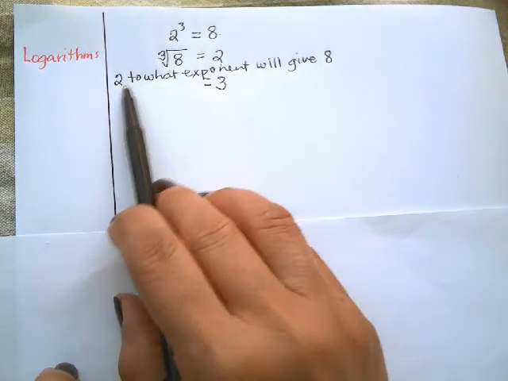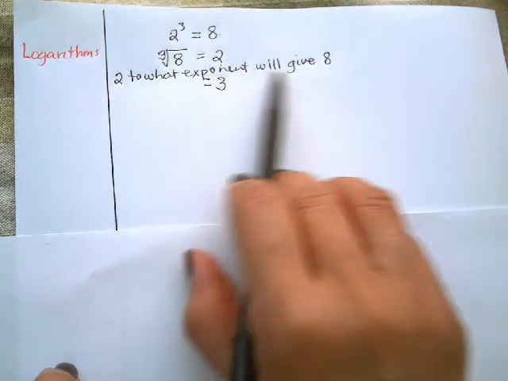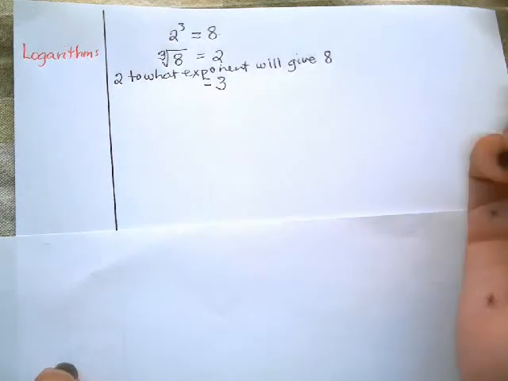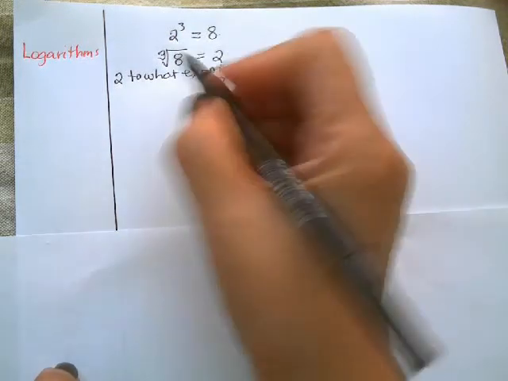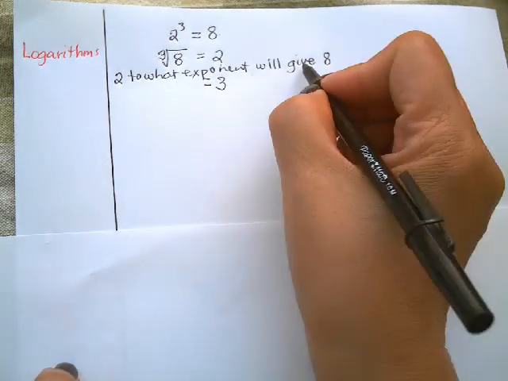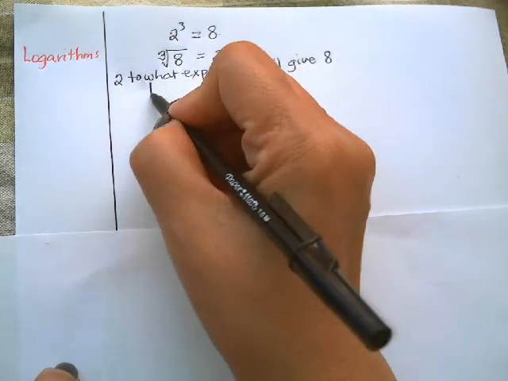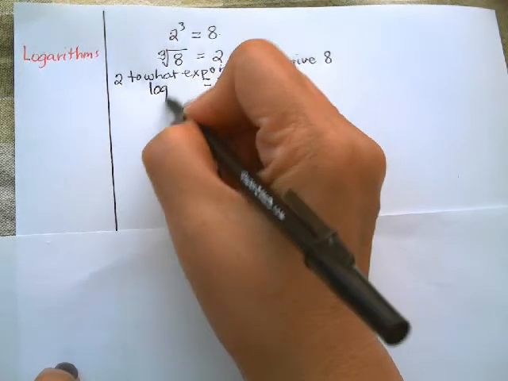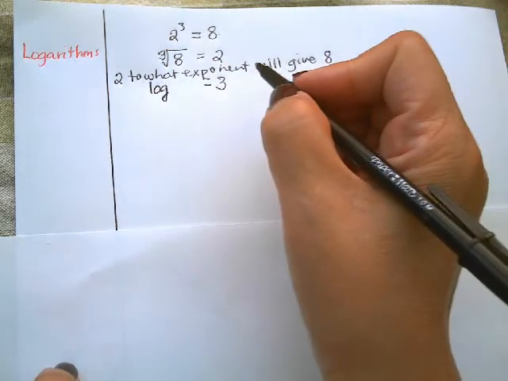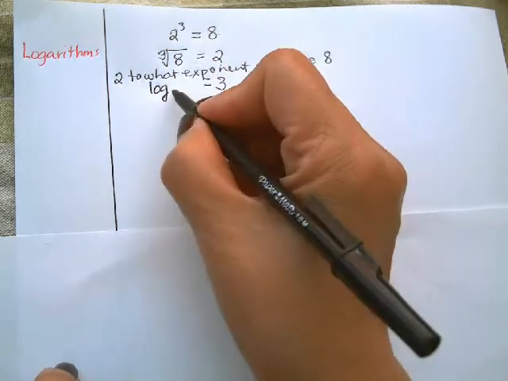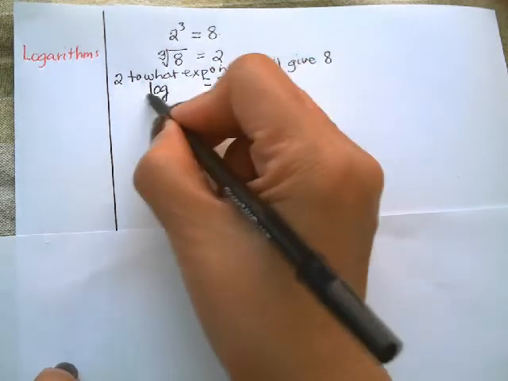So this, base to what exponent will give, this is what you will write. That is, to what exponent will give is log. Log means you're trying to get the exponent, so you write log, and that's how your reader will know. And then you write here the base.